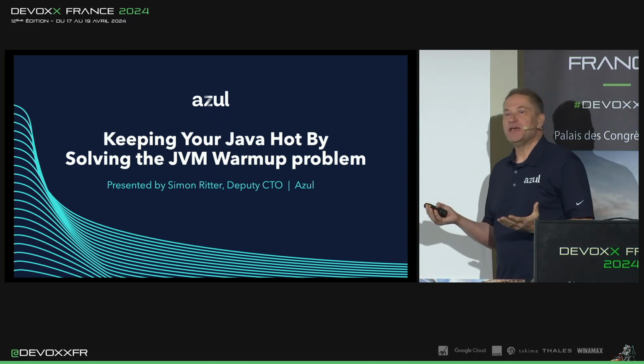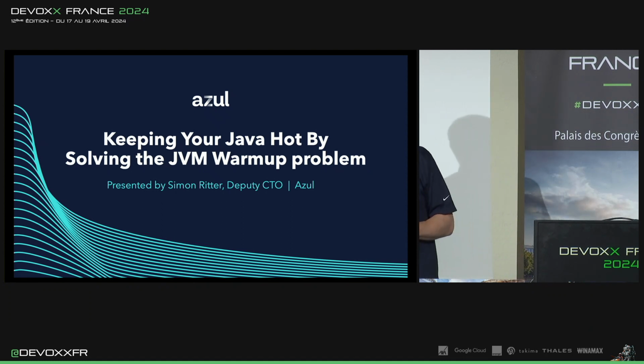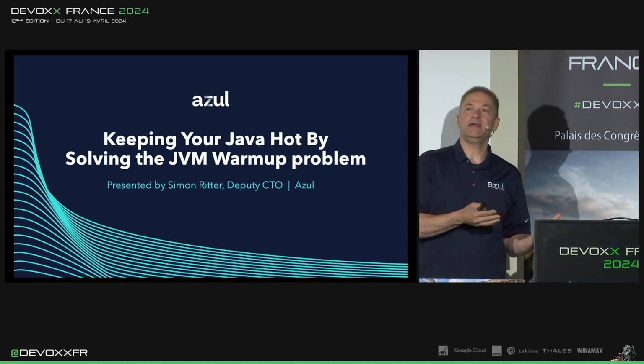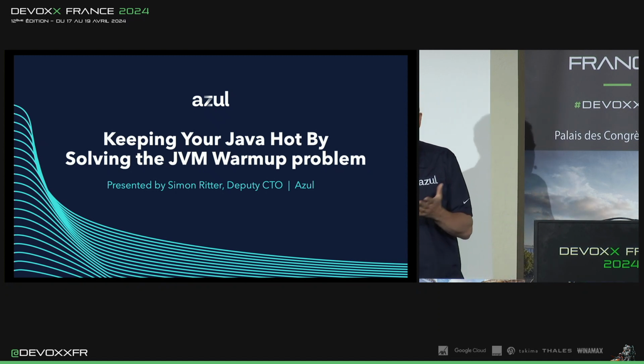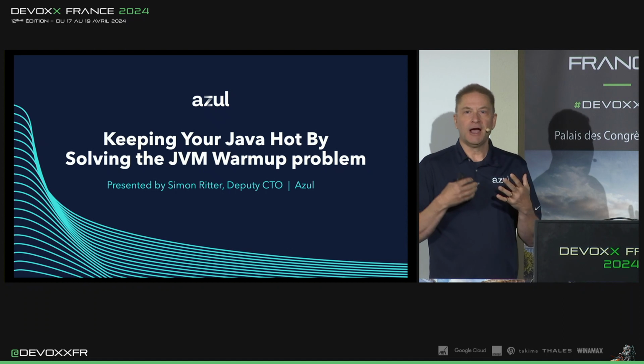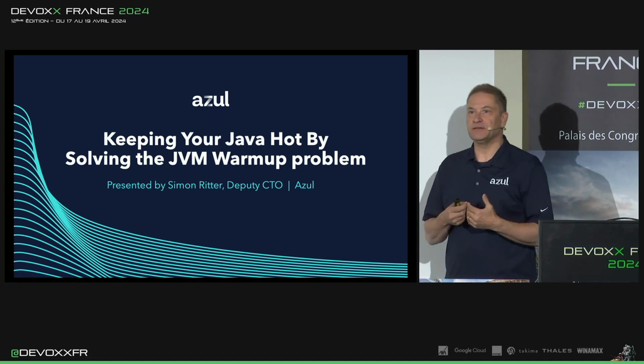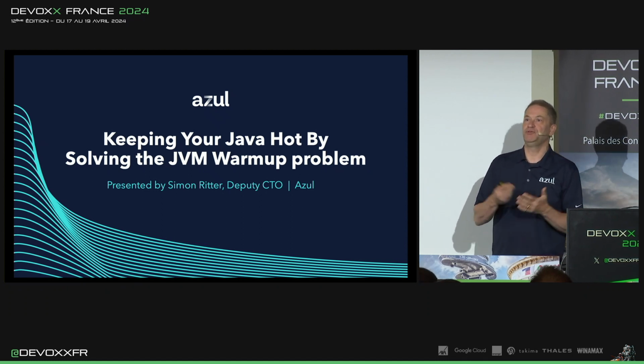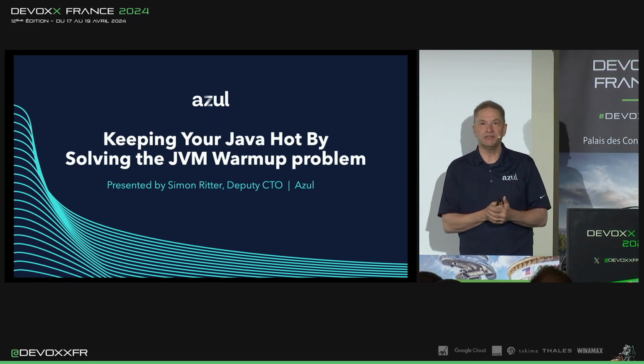Now, what I'm going to talk about here is, as the title suggests, what we can do in terms of improving the way Java applications, or JVM-based applications, I should really say, how they warm up. This is something that we've seen since the history of Java started, almost 30 years ago.